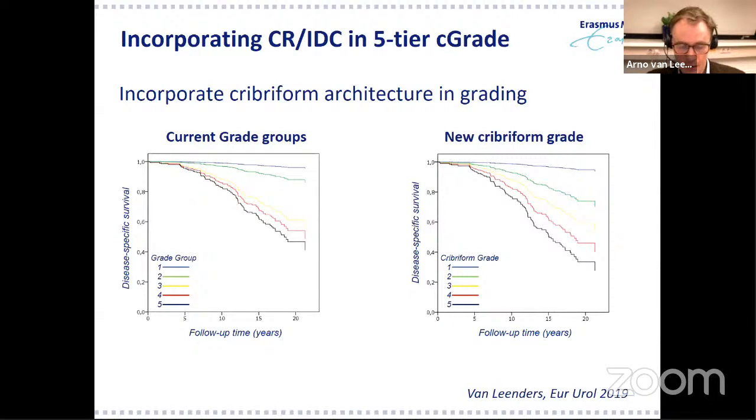As you can see, this led to a significantly better discriminative value for metastasis-free survival and disease-specific death. But please don't start using this system already next Monday. This was just a proof of principle study showing that improvement of current prostate cancer grading is possible, and I think that even better improvement can be reached.